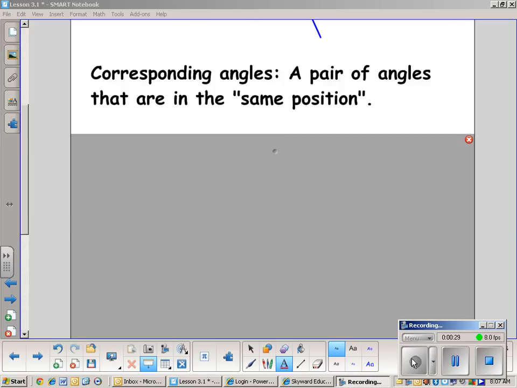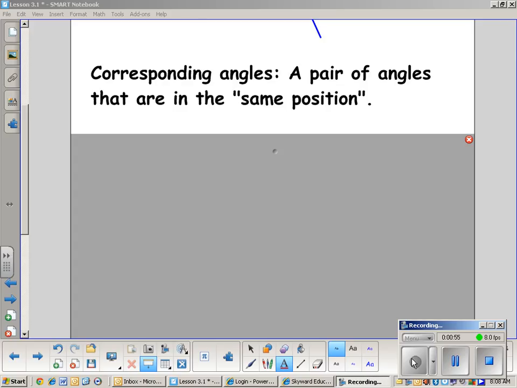Corresponding angles. A pair of angles that are in the same position. These are not the definitions you're going to find in the book. These are my definitions. I use words that I think are easier for you to remember and understand. And they're also the cue words I'll give you when you get confused. So, same position.